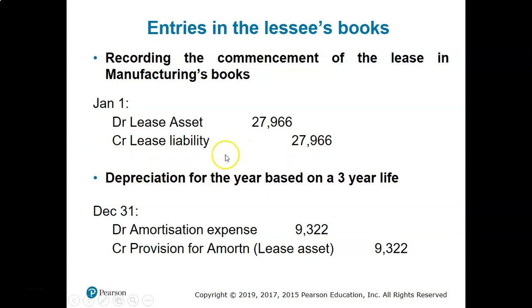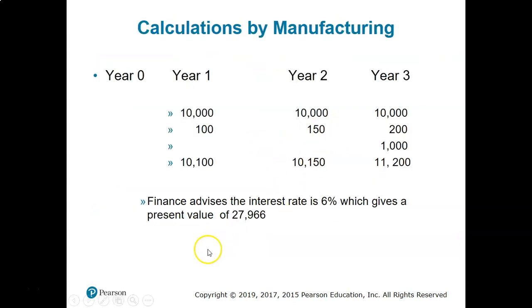Liability is always credit. If liability increases, it will be credited. The whole amount is the liability that you are supposed to pay in 3 years. So this is the asset and liability on the first day of January, and that's why these are supposed to be present value. This is the present value that we calculated in the previous slide, 27,966.